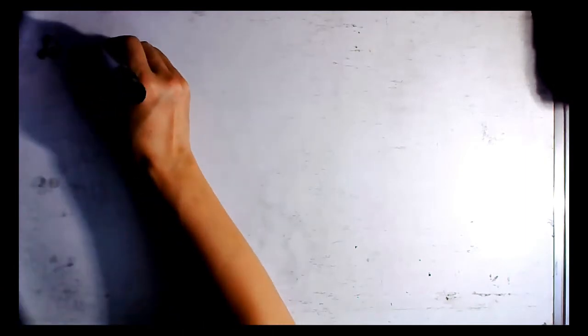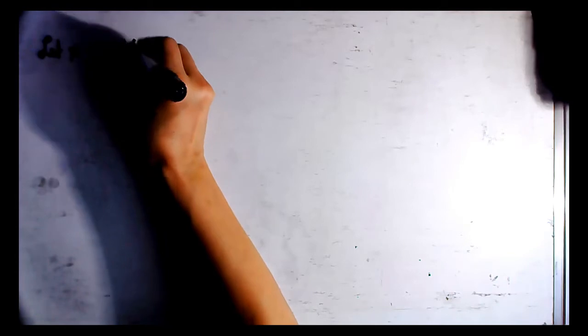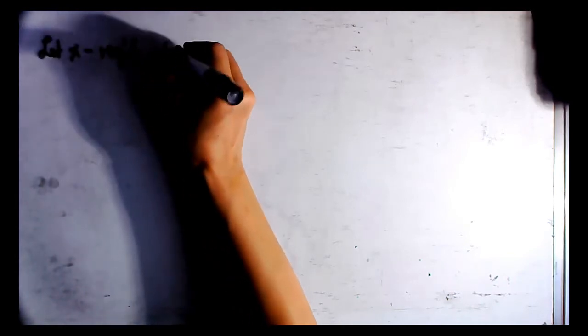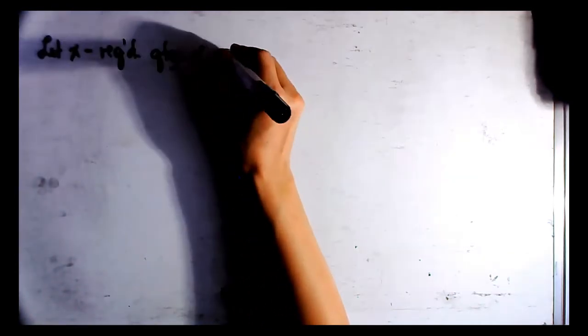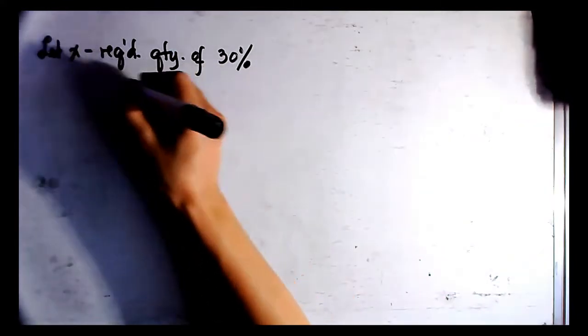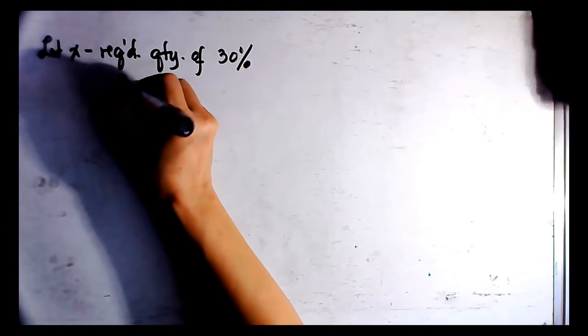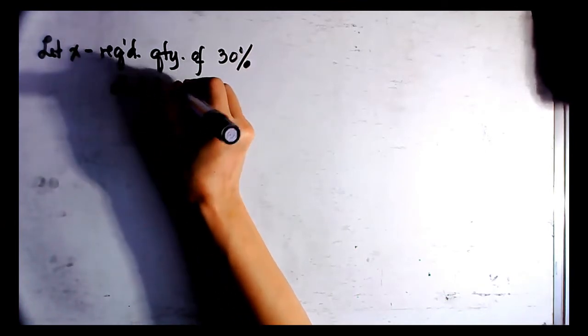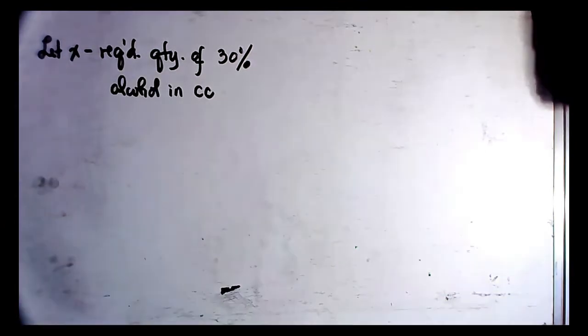Let us write down the representations. Let us represent variables. Let X be our representation for the required quantity of the 30% solution or 30% alcohol, and the unit that we are going to use is cc.